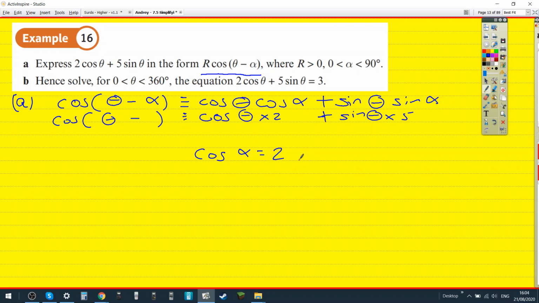So should I work out what alpha is then? Yep. Oh yeah, you can't do arc cos of 2. True. Anything else we know about alpha?